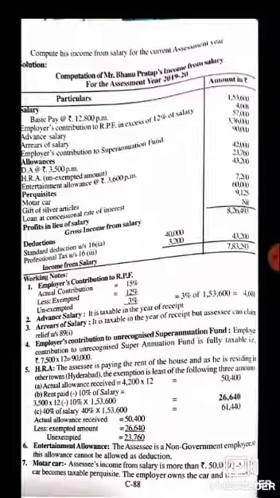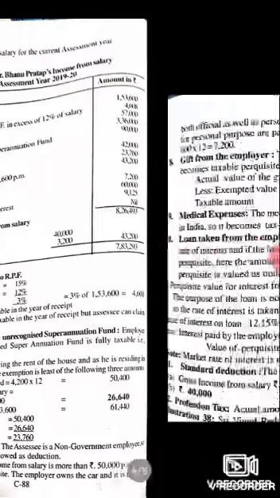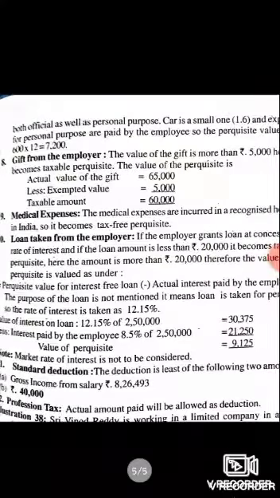That means entertainment allowance is taxable. Motor car: the assessee's income from salary is more than 50,000 per annum, hence the car becomes a taxable perquisite. The employer owns the car and it is used for both official as well as personal purposes. The car is a small one and the expenses for personal purposes are paid by the employee. So the perquisite value of 600 into 12 months, 7,200, is the taxable amount.